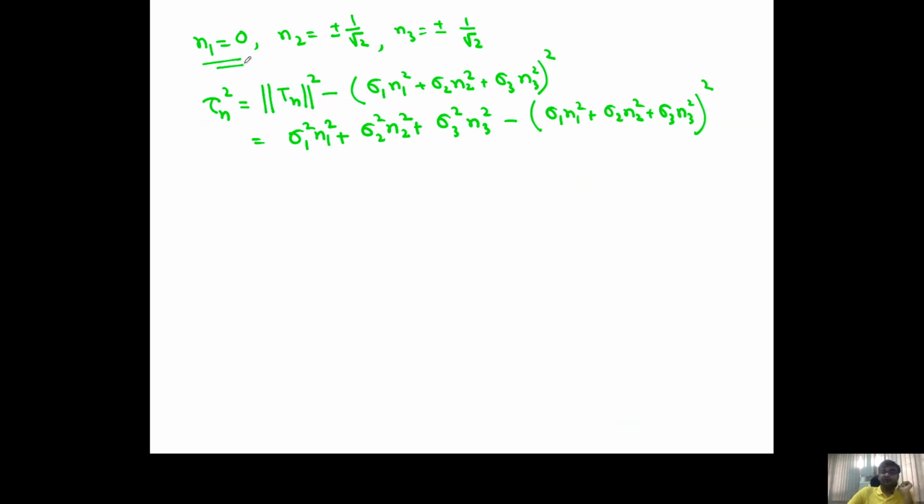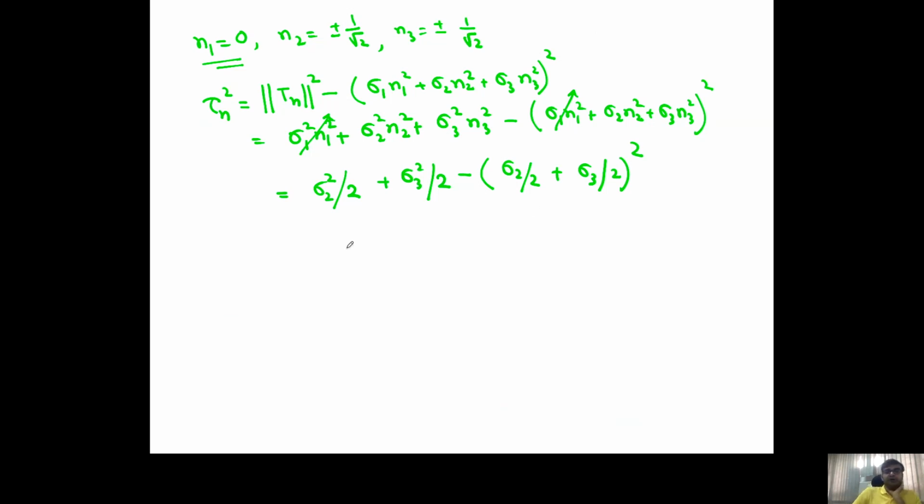Now n1 is equal to 0, so this will vanish. What do we have now? We have sigma 2 square. Now n2 is 1 by root 2, so n2 square is 1 by 2, plus sigma 3 square by 2 minus sigma 2 by 2 plus sigma 3 by 2 whole square.